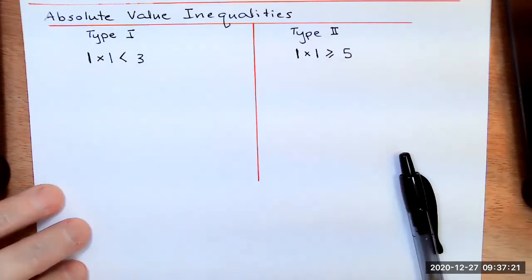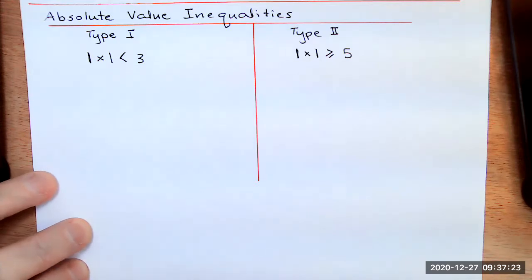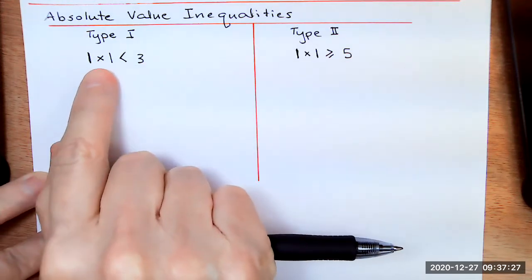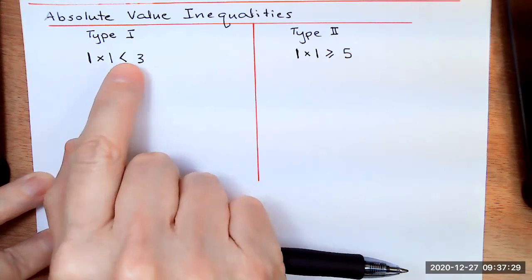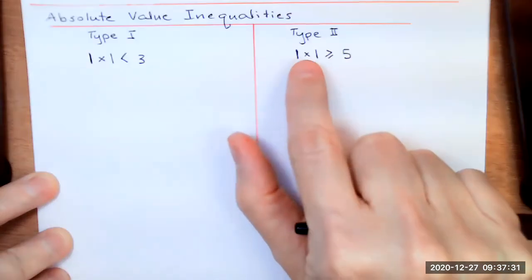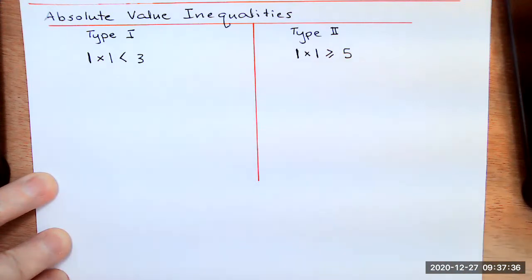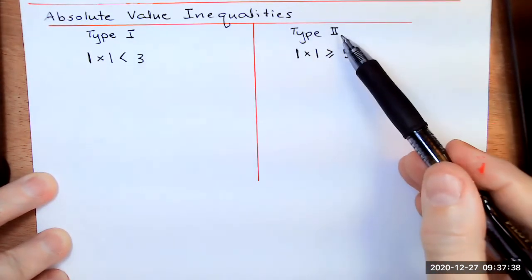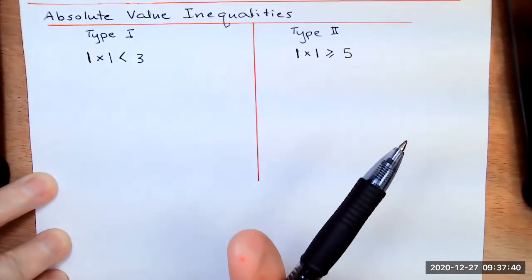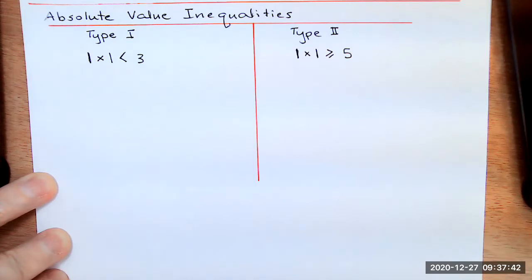Absolute value inequalities, there's basically two different types of absolute value inequalities. We have the type where the absolute value is less than a positive number, or the absolute value is greater than a positive number. I call these type 1 and type 2. I made up those names, but it helps me remember which one is which.